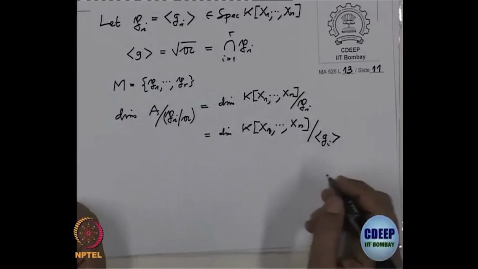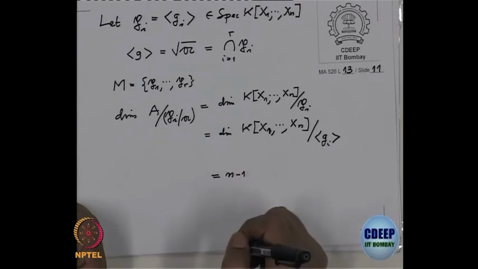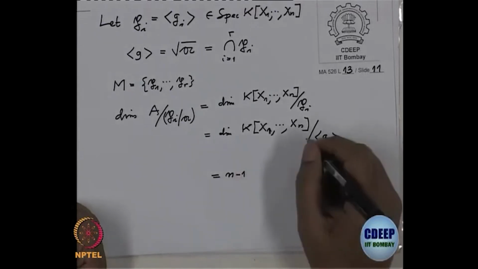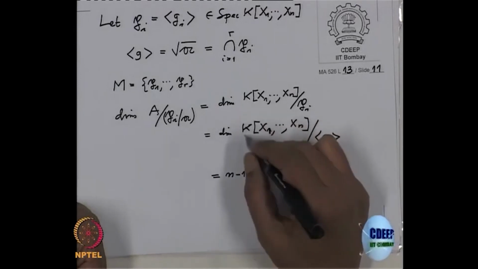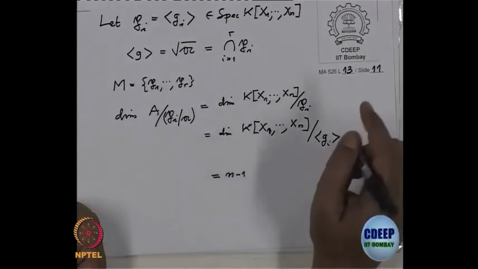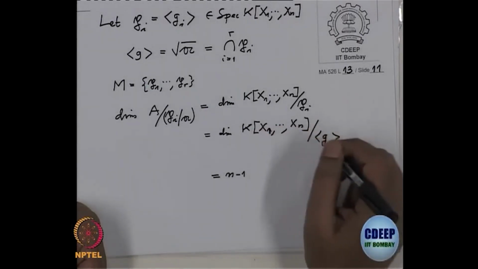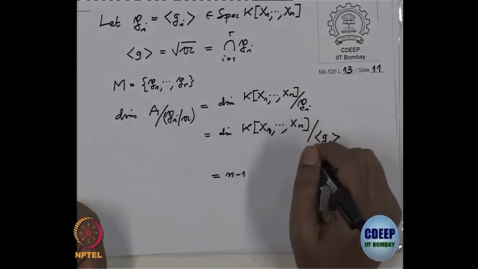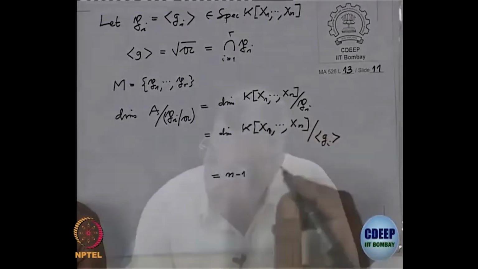And what do you want to check? We want to check this is n minus 1. But that is clear, because we have proved that if you go modulo an element which is a non-zero divisor, then the dimension will exactly drop by 1. So, because the Gi's are non-zero prime elements, so non-zero divisors in a domain, the dimension will exactly drop by 1.